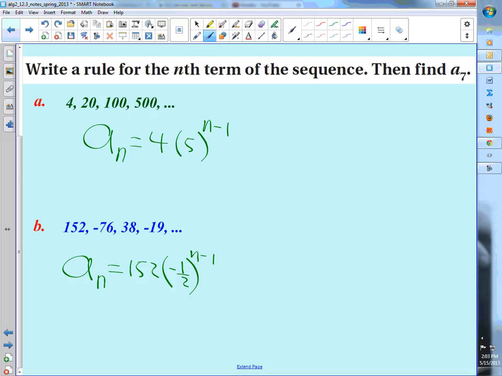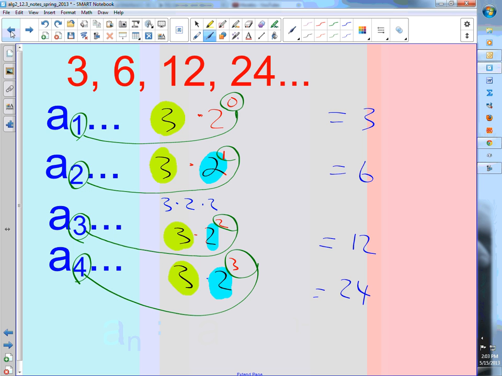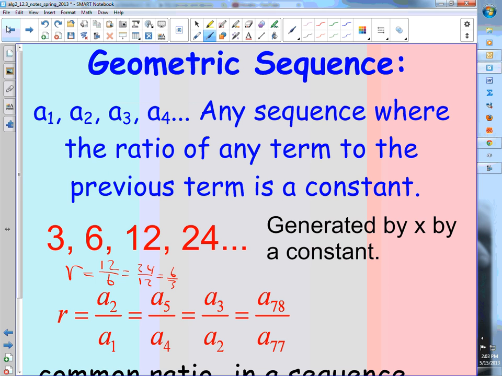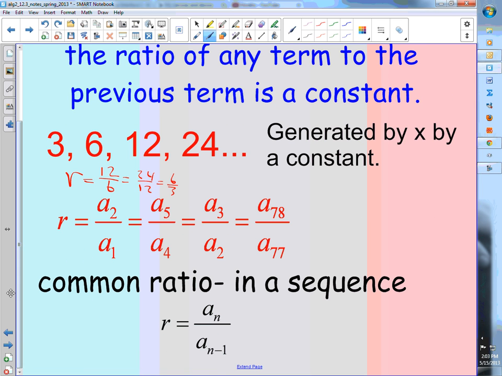Why? Because I know for each term we're dividing by negative 2. Okay, again, if we go back to the basics, I'm a fundamentals guy. R, the common ratio, is found by taking any term and dividing by the previous term. Now, geometric sequences are not generated by division.